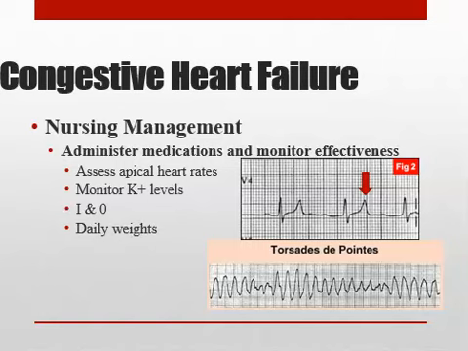The research shows that decreased potassium levels lead to an increased risk of death or hospitalization. So that's why they like to keep it on the high normal. We need to monitor ins and outs, so we're monitoring for fluid status. Remember, our best indication of fluid status is our daily weights.